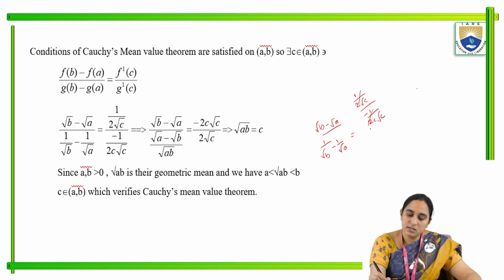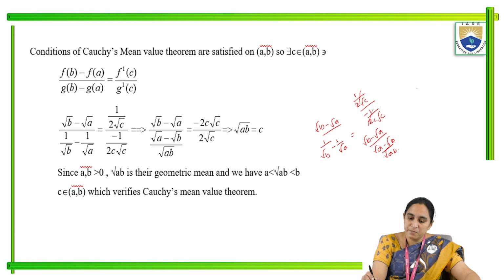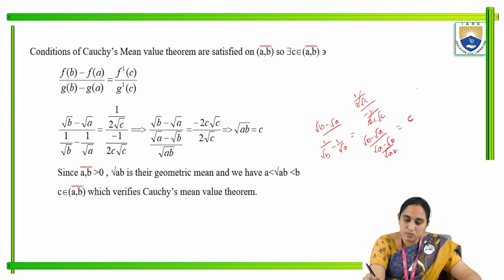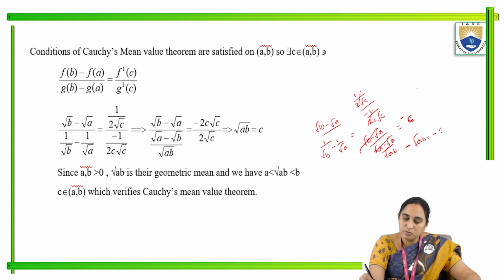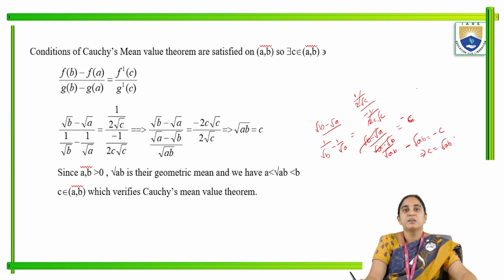From that LHS side, that is after taking the LCM, that is root b minus root a by root a, minus root b by root ab, is equal to there c, only c. From that here, after taking minus outside, the root a minus b and root a minus b cancel. That means here the remaining is minus c. From that minus root ab is equal to minus c. From that, what about the c value? Root ab. Therefore, c is equal to root ab.